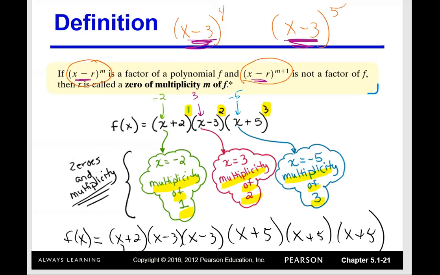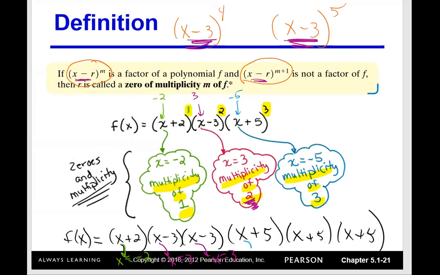This 0 here is still x equals -2. This 0 is still x equals 3, and so is this one. I've got 2 x is equal to 3's. That's why they say it's a multiplicity of 2, because you got 2 of them. Does that make sense?